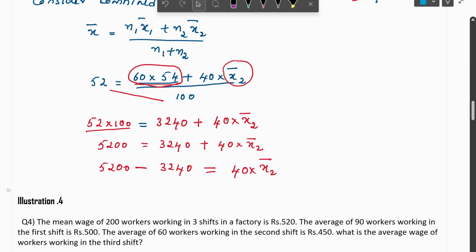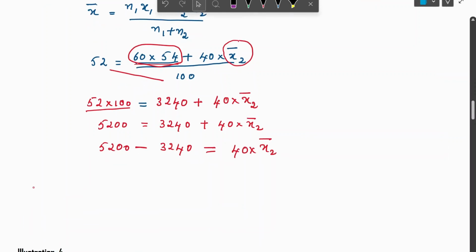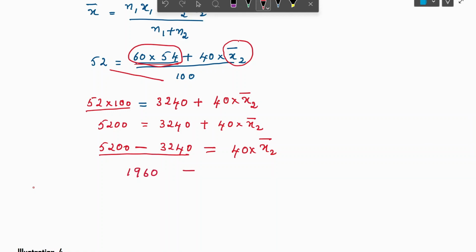Either you take 40 into x2 bar to this side, or that number 3240 to the other side. Both ways the answer is going to be right. Now what is your next step? Subtract it. 5200 minus 3240, that is 1960 equal to 40 into x2 bar.